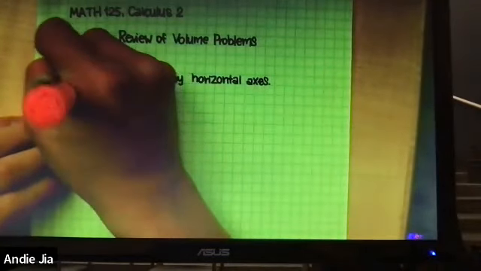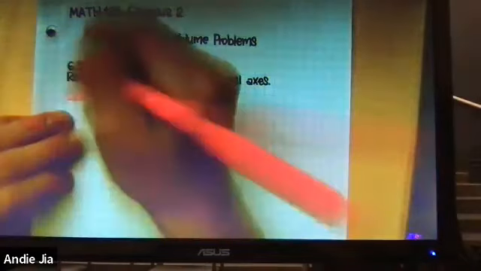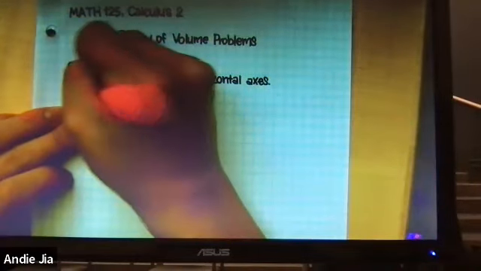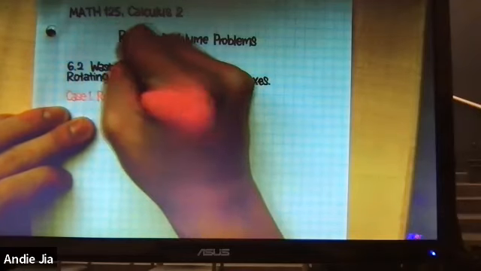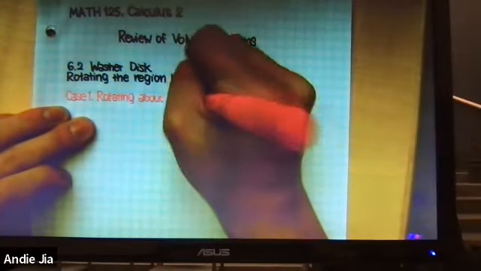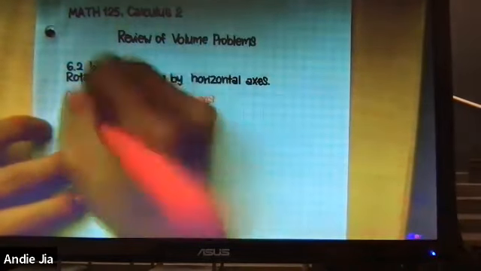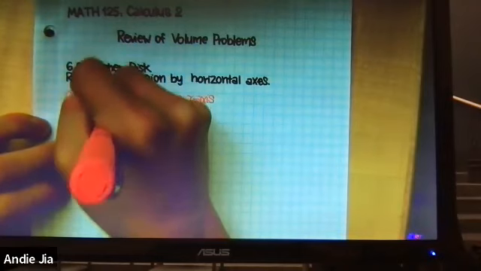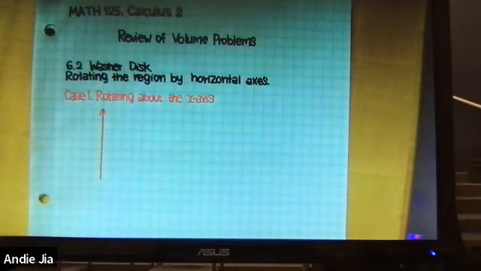Case 1 is rotating about the x-axis. It is like this if you have two functions. But if it's only one function, treat the next lower curve as 0.